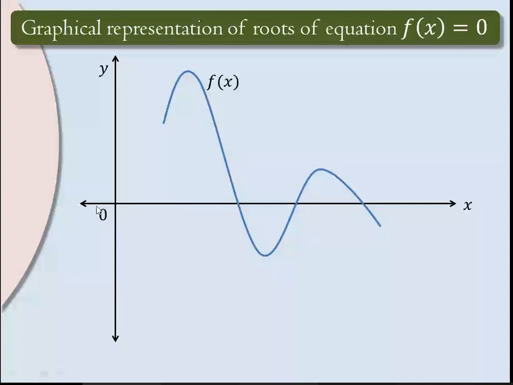So the points where this curve intersects the x-axis are nothing but roots of this equation. If you replace x by x1, then at this point the function is 0. At this point also the function is 0, and at this point also. So what does a root of any equation f of x equal to 0 graphically represent? It is the intersection of the curve of that function with the x-axis.